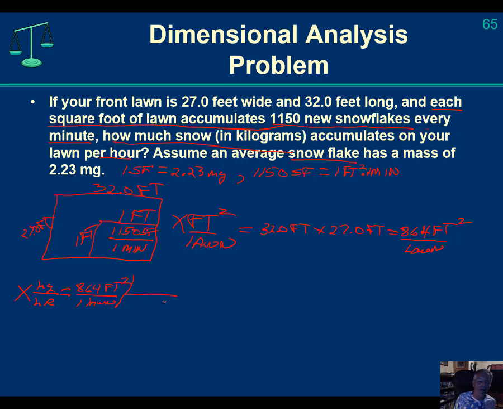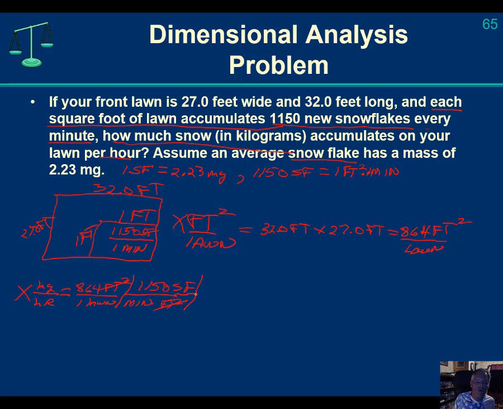And over here, I've got feet squared, but I have to remember this is every 1 minute. And then what's accumulating? 1,150 snowflakes. So when I multiply across, feet squared is going to cancel. Now I have on my lawn 1,150 snowflakes per minute for the entire lawn. Lawn is not going to cancel in this.